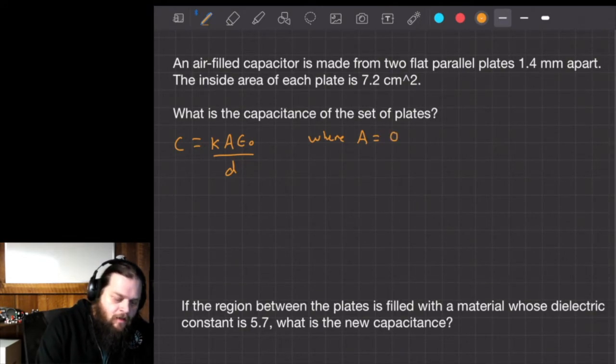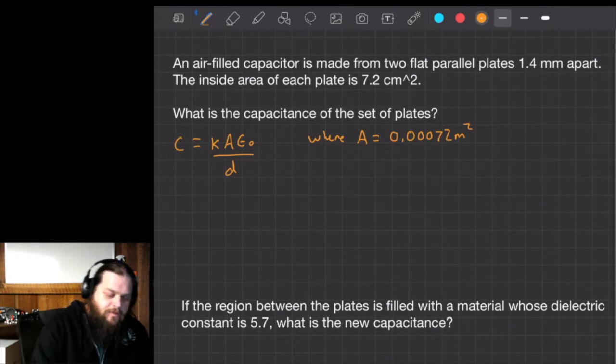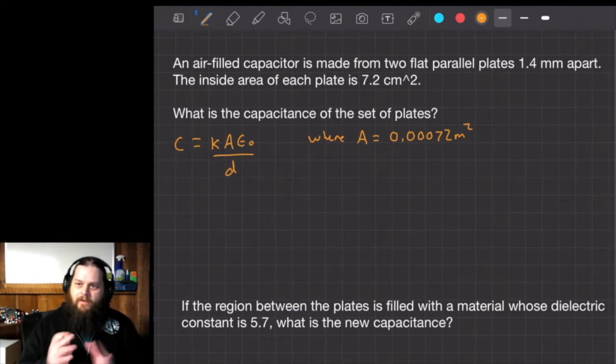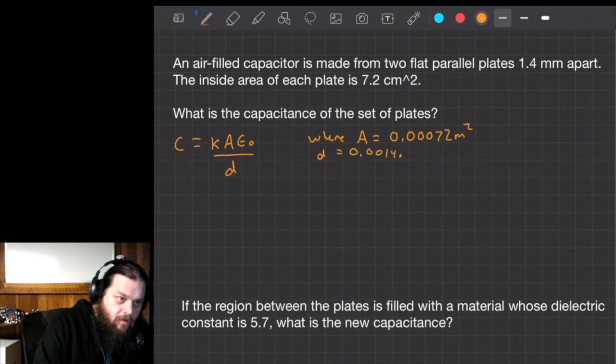If we convert that to meters, we get 0.00072 meters squared. You always have to square that conversion between centimeters and meters as well. The distance between the plates is going to be 0.0014 meters.